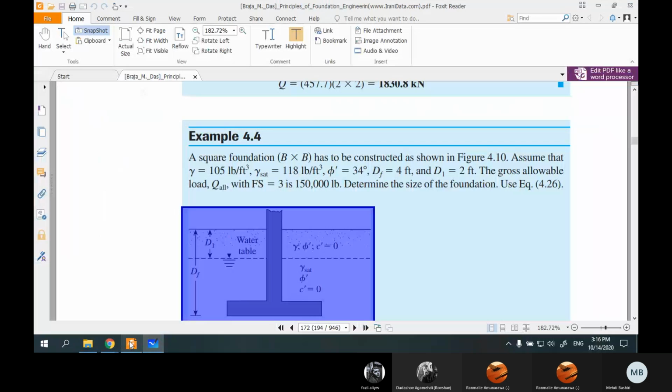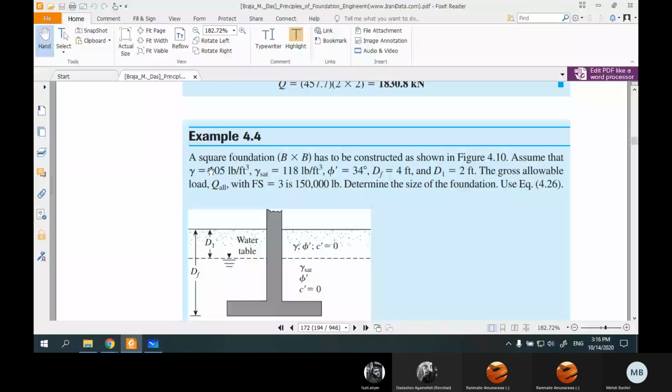Okay, in here it says that we have a square foundation. Gamma is 105. Look at the unit, sorry, it is pounds per cubic feet. And gamma saturated is 118. Phi is 34.